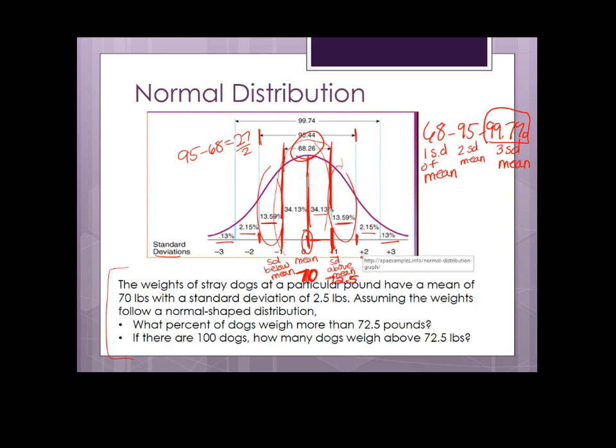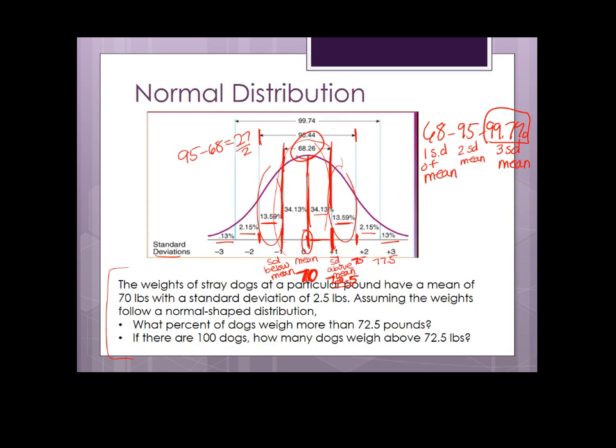Two standard deviations above would be another 2.5. So this one's going to be 75 if you add 2.5 to 72.5. And then 3 standard deviations above is another 2.5 away. So that'll be 77.5. Okay, now if I want to label these ones, now I'm going below the mean.